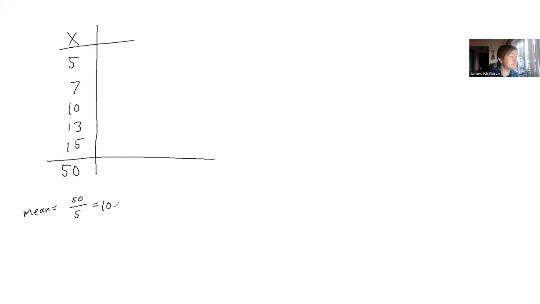And if this is a sample mean, we're going to write X bar, right? If it was a population, we would write the Greek letter mu. Okay, but let's just say in this example that we have a sample. And it's going to make a difference whether we have a sample or a population.